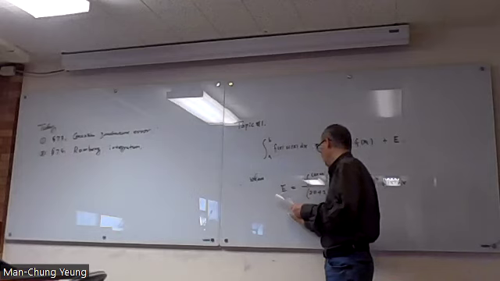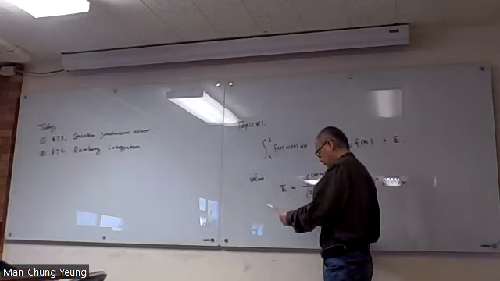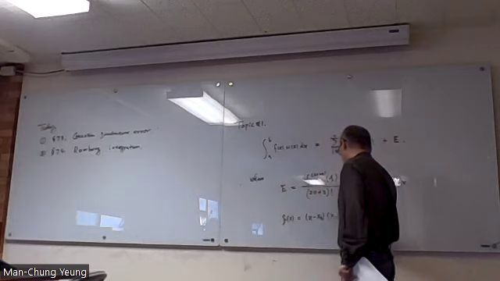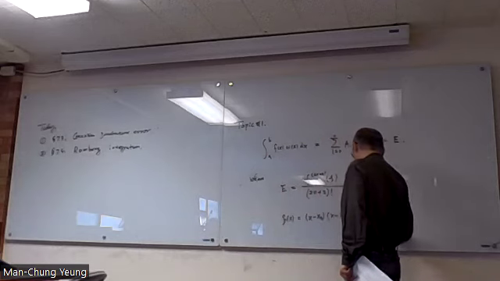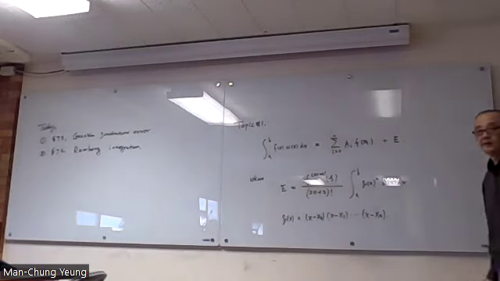Where Q is defined as (x minus x0)(x minus x1) through (x minus xn). That is Q.